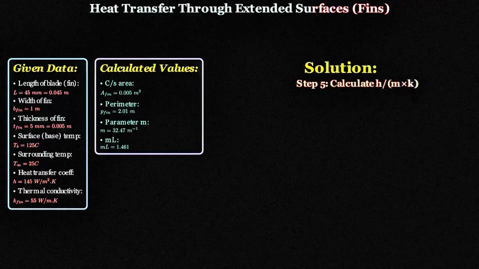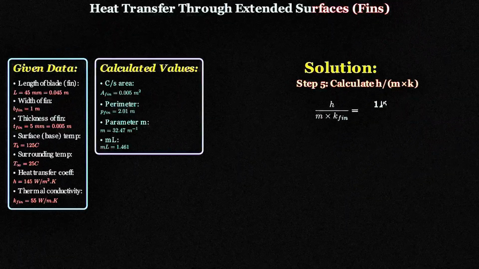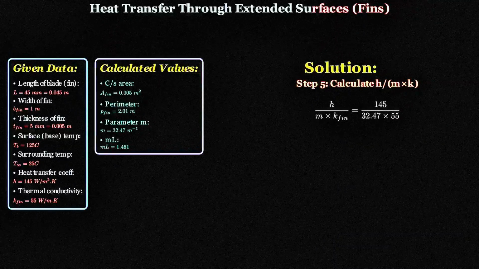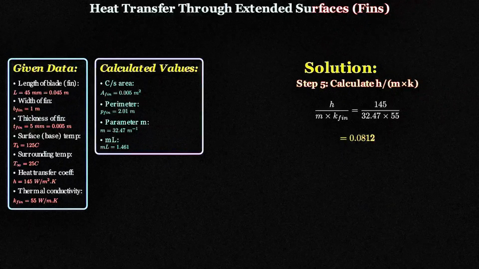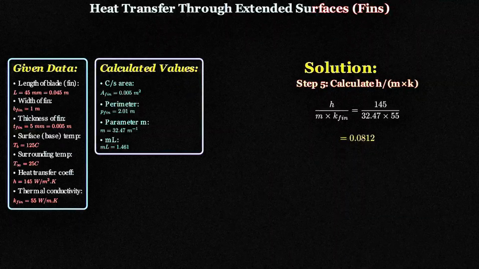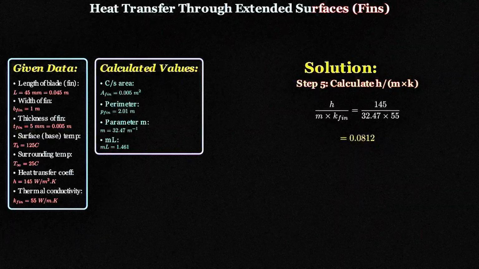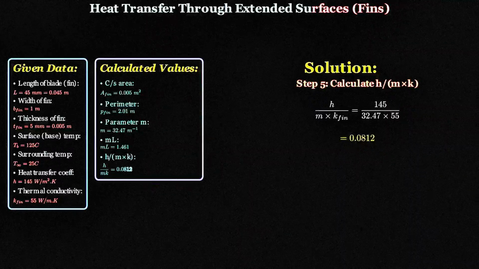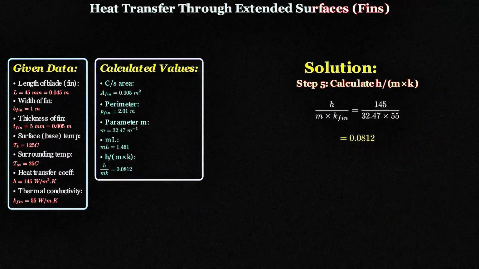Calculate the ratio h over m times k. H divided by m times k equals 145 divided by 32.47 times 55. This gives us 0.0812. This is another dimensionless parameter needed for our short fin equations. Let's save this value as well.